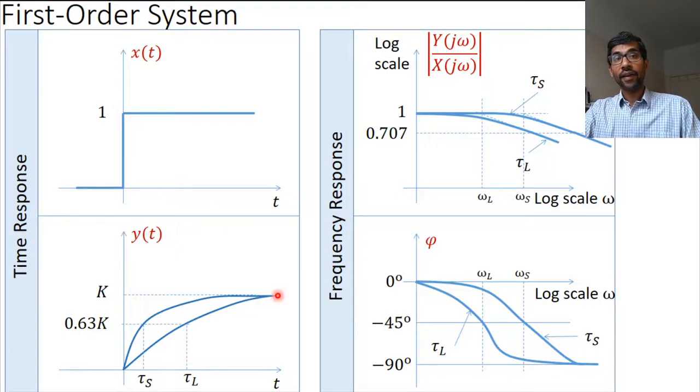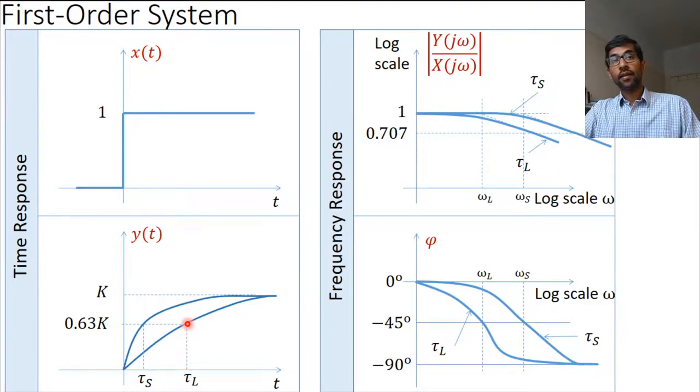And depending on the time constant of your sensor, the rise can be fast or it can be very slow. So if your time constant is large, you will have a large time to reach the final value, and if your time constant is small, then you will reach the final value quicker. The time constant is basically the time it takes for the sensor to reach 63% of its final value.